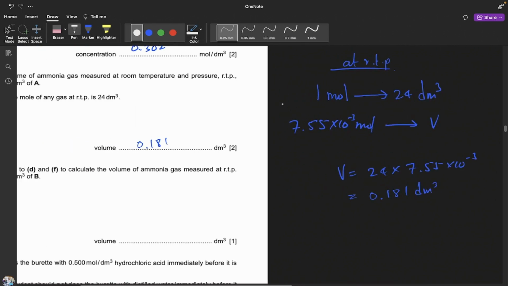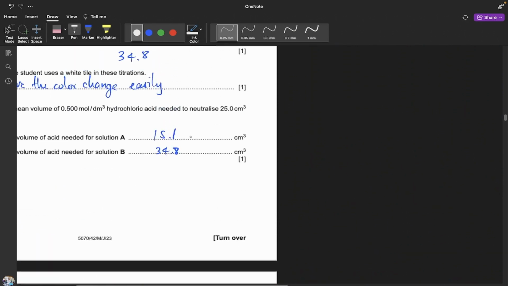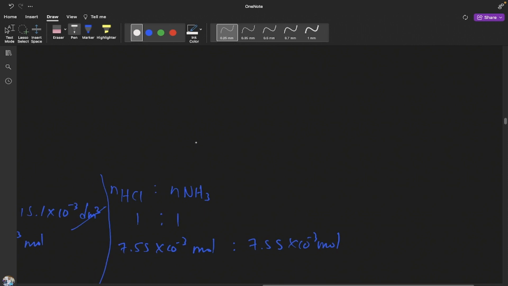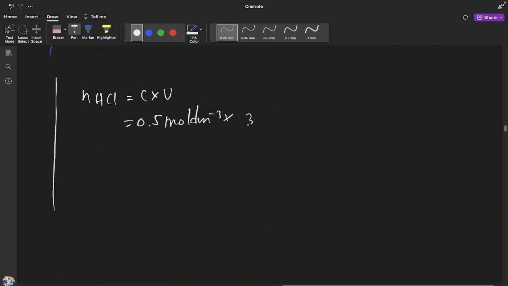And the volume used here is 34.8, sorry, 34.8, times 10 to the power of minus 3 decimeter cube. This cancels. So it must be 17.4 times 10 to the power of minus 3. So 0.174.